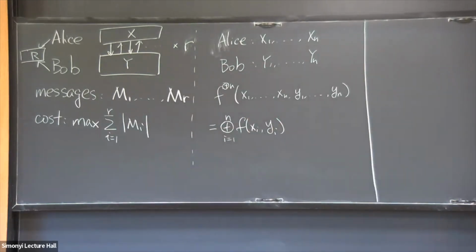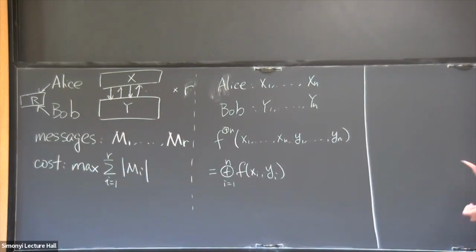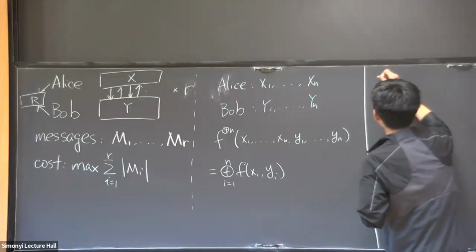So the main result that I'm going to talk about is the following lower bound on the complexity of f to the n.